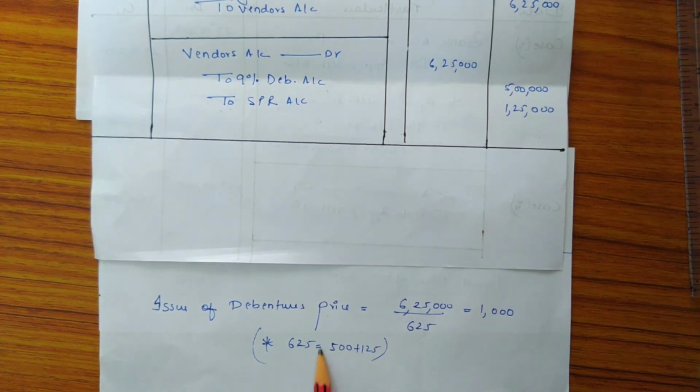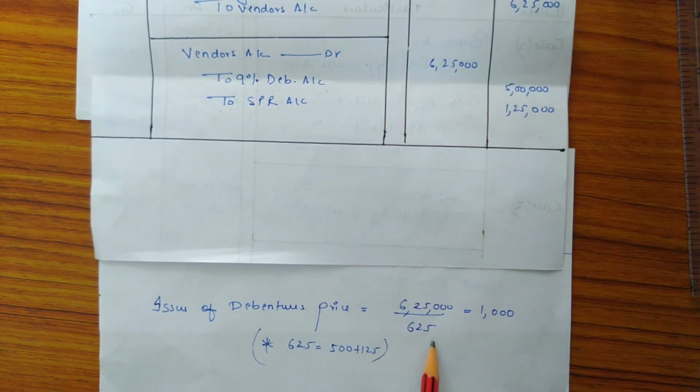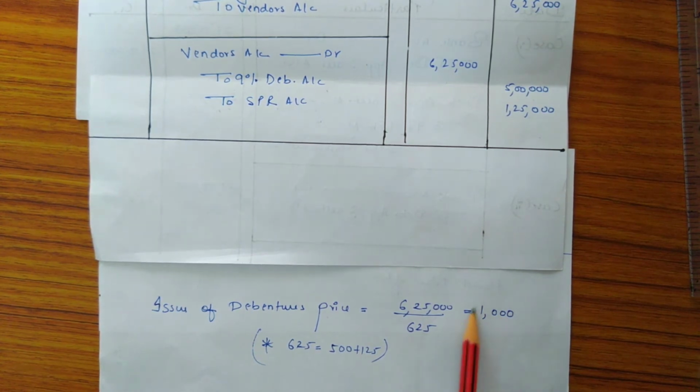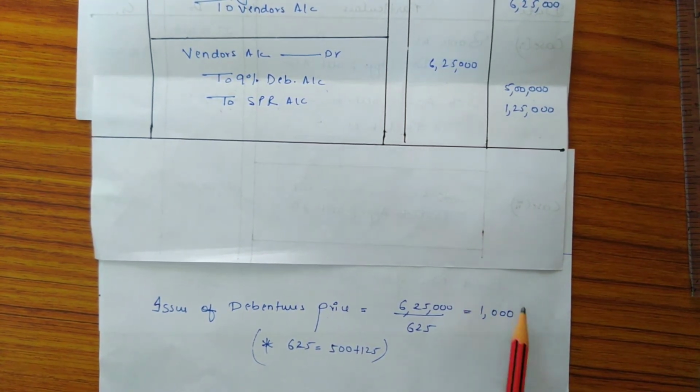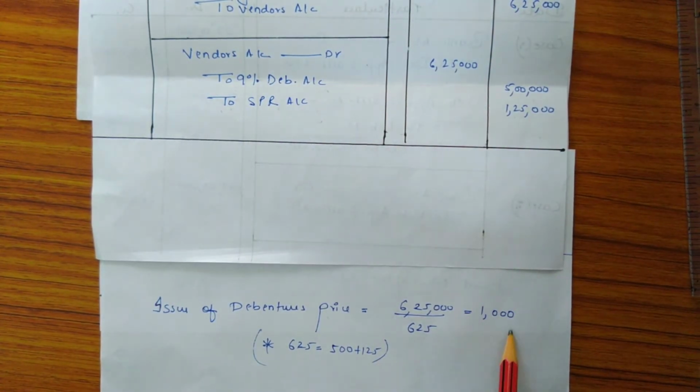625 is 500, the share issue price, and 125, the premium amount. So 500 plus 125 is 625. So by dividing 6,25,000 by 625, we get 1,000. This 1,000 is the number of debentures issued. So number of debentures issued is 1,000 and share issue price is 500.